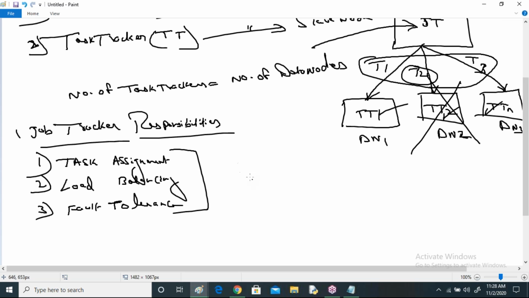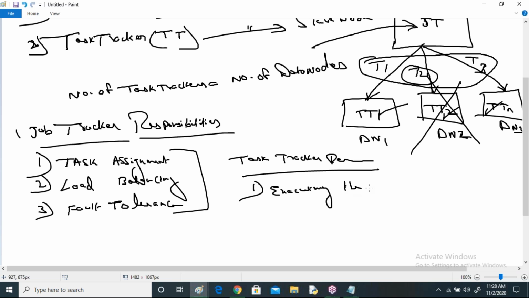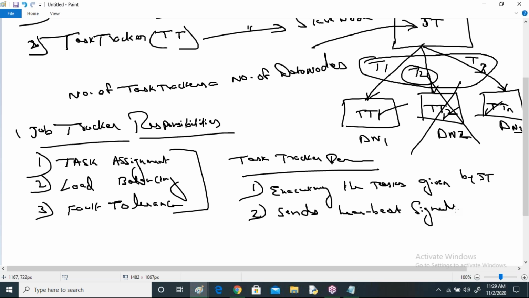Task tracker responsibilities: executing the tasks given by the job tracker, and sending acknowledgement. The task tracker sends heartbeat signals to the job tracker every 3 seconds.